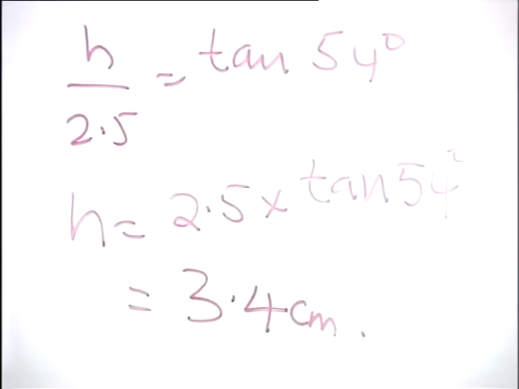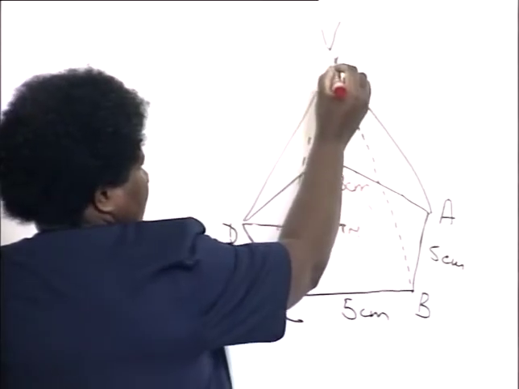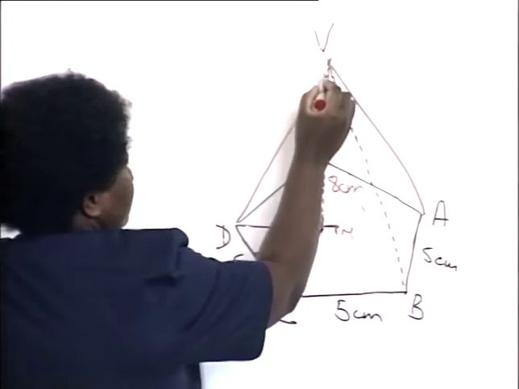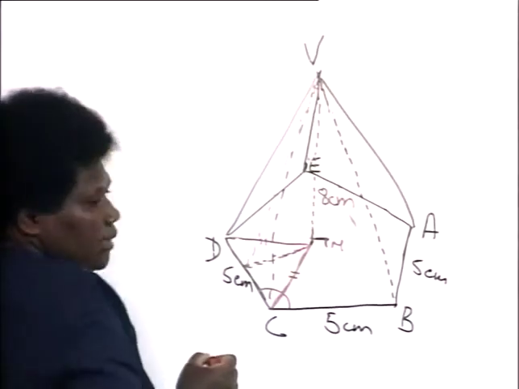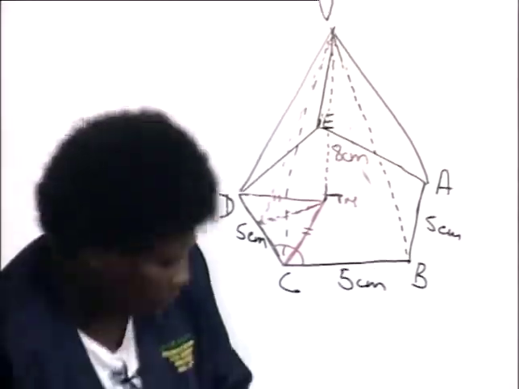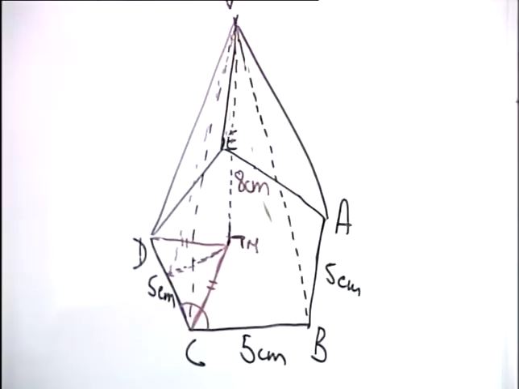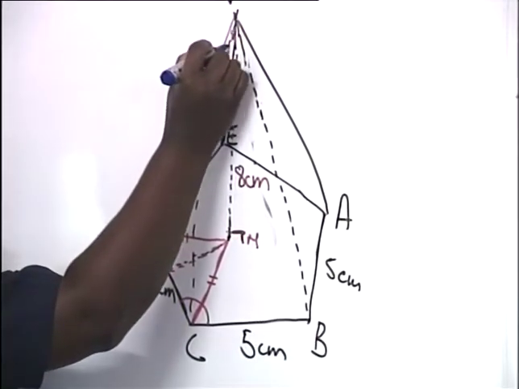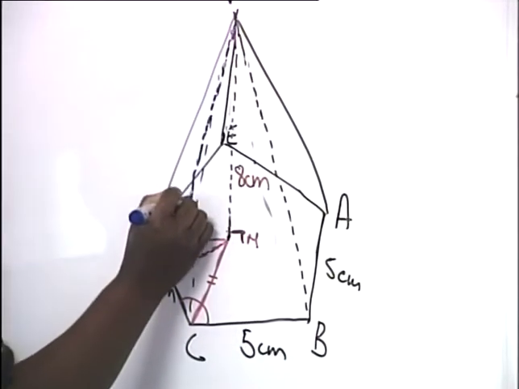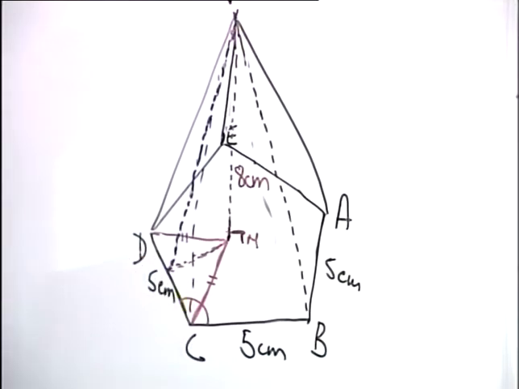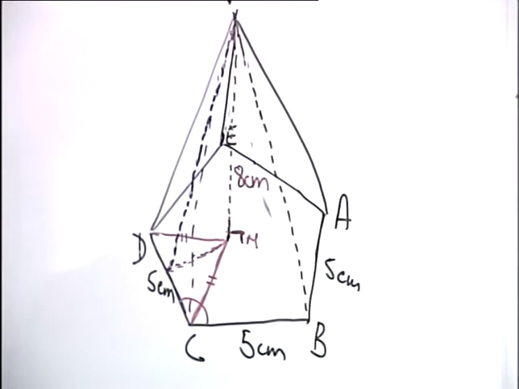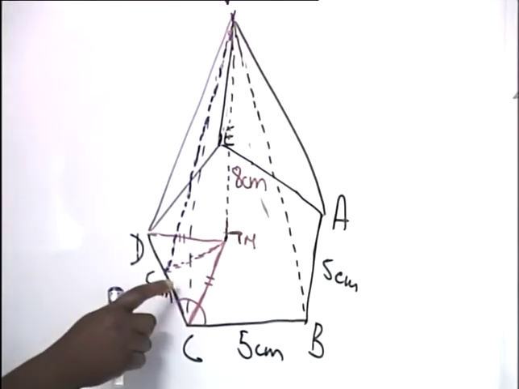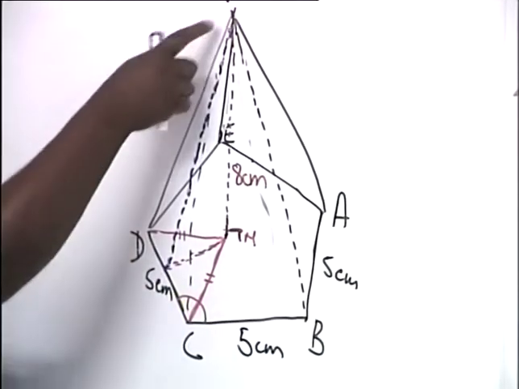We need this line because if this is the perpendicular height, we can use that and then we can work out this.